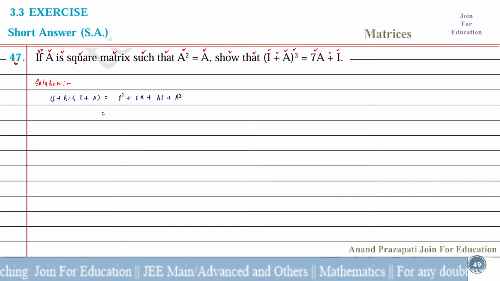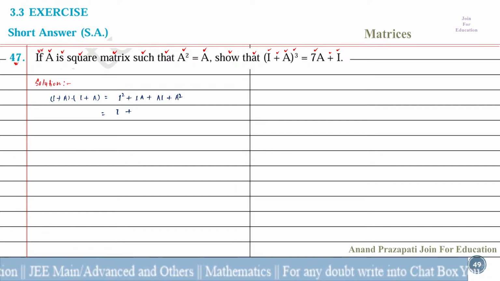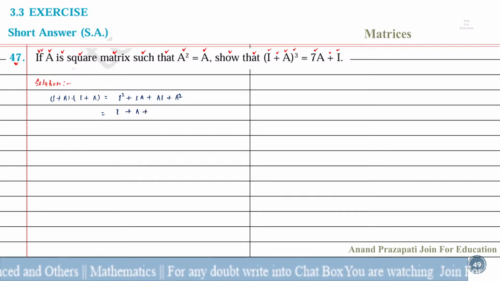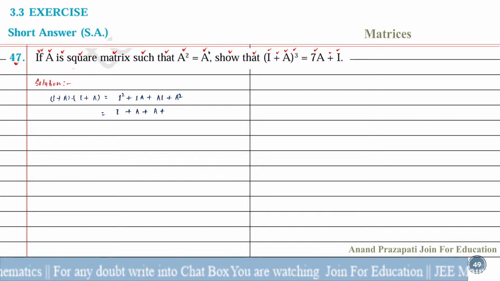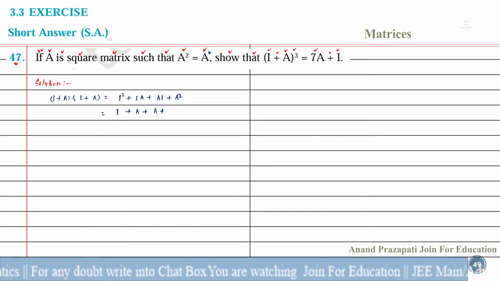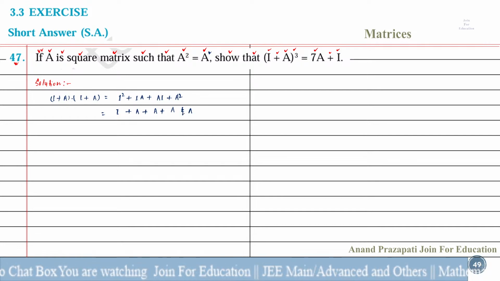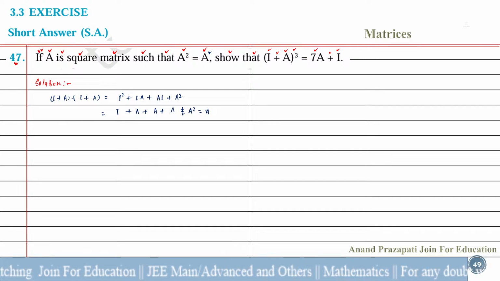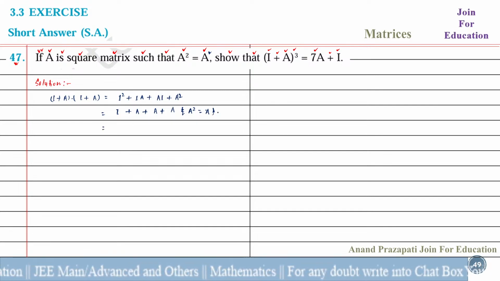Therefore, I square equal to I, plus I into A equal to A, plus A into I equal to A, and plus A square equal to here A. So we write down here A square equal to A. Hope that there is no problem to understand up to this step.